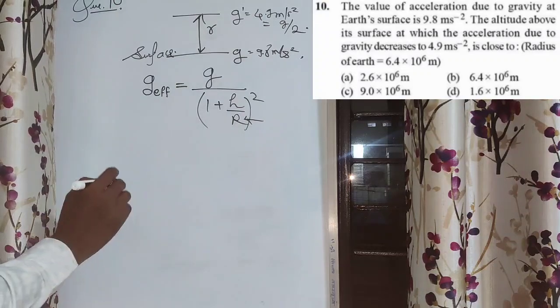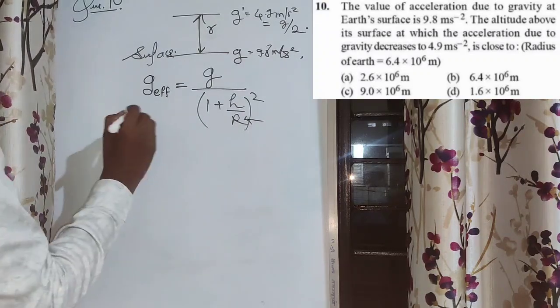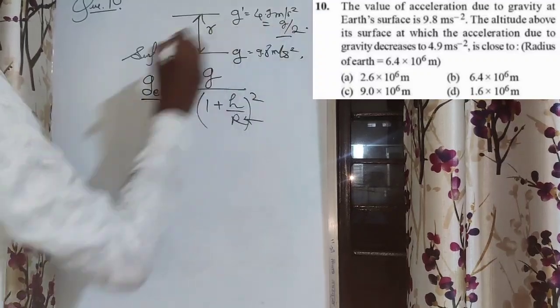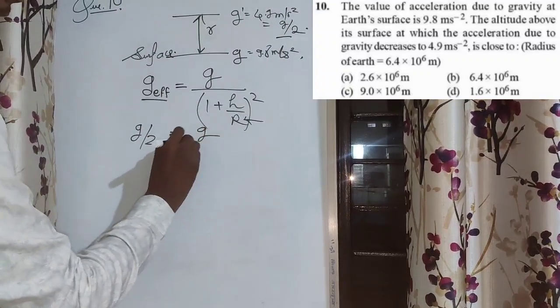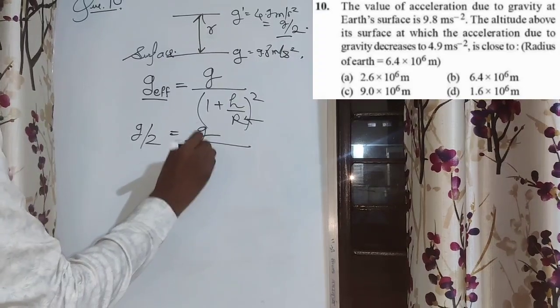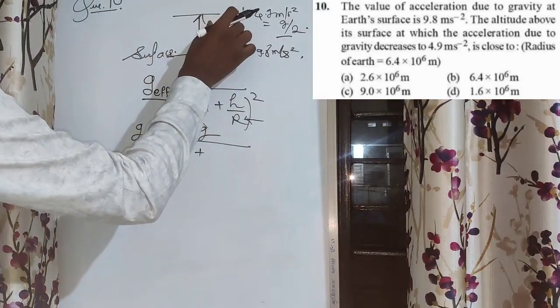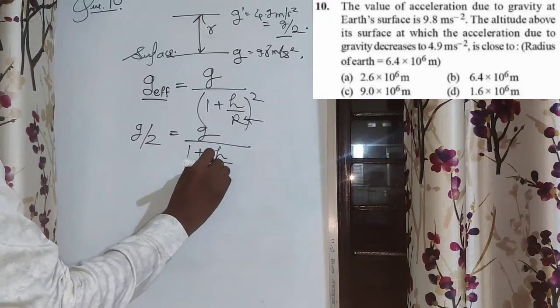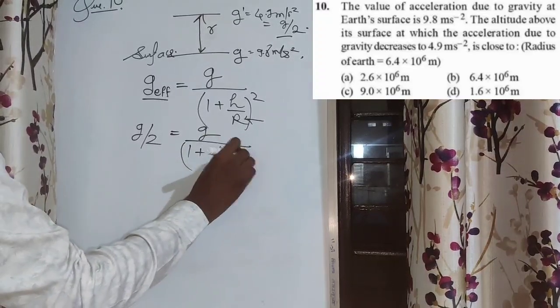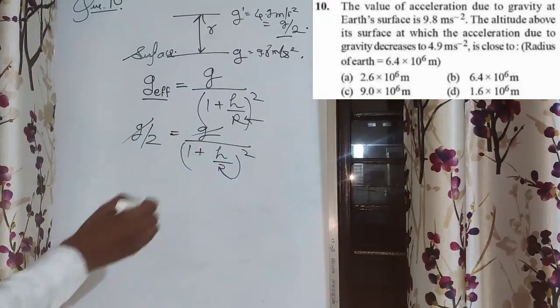So the g effective we have is g by 2. We will write g by 2 is equal to g upon 1 plus h upon r whole square, where we have to find h. This g and g cancel.